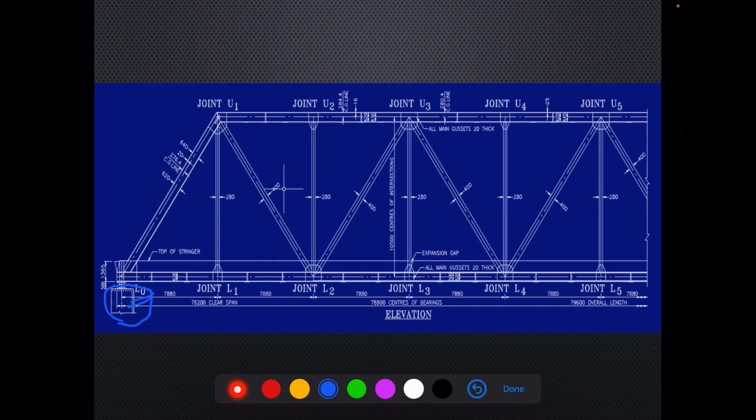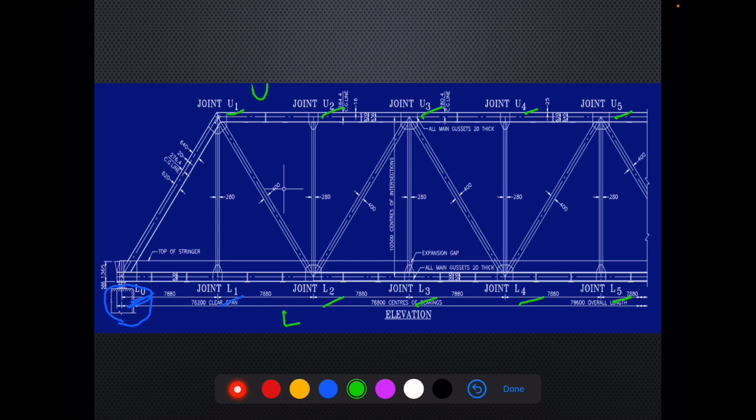We typically mark this start point as L0. Then we have L1, L2, L3, L4. These are all lower joints, that's why there is a prefix L. And these are all upper points, that is why the prefix U1, U2, U3, U4, U5.